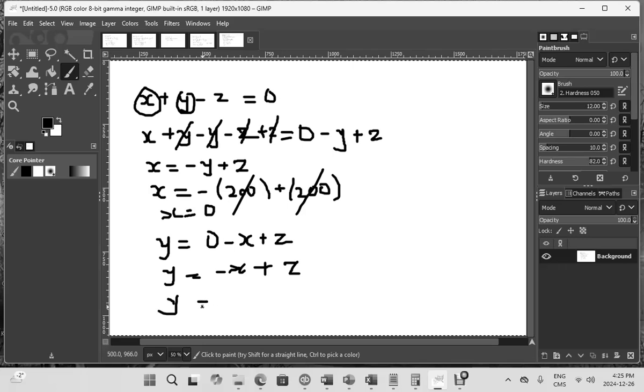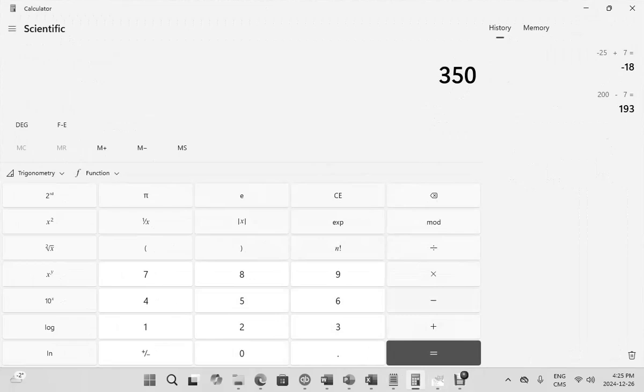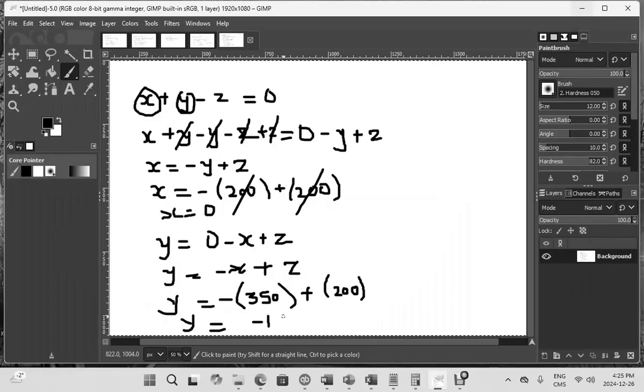So y will be, let's say, negative x, this is 350, plus z, let's say this is 200. So your y will be negative 350 plus 200, so that's negative 150.